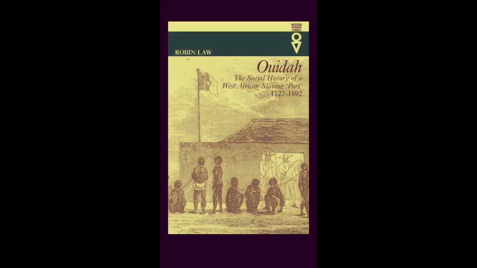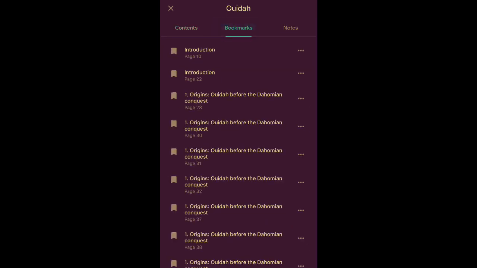We are now back at the book that I want to utilize by Robin Law, and I will go to my bookmarks. What we want to find out is whether this kingdom of Whydah on this map, or kingdom of Judah, has any connections to ancient Israel. Let's go to my notes and check them out. Bookmarks.